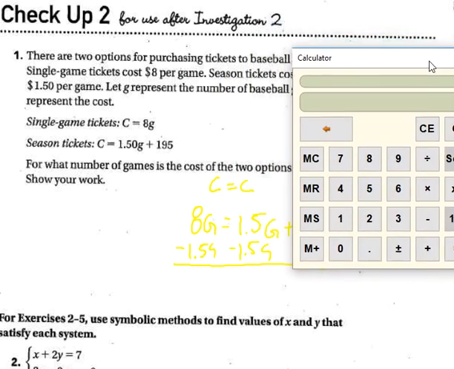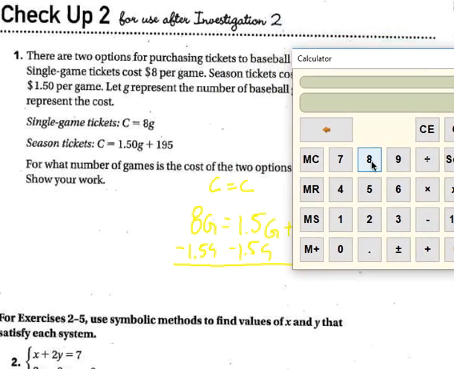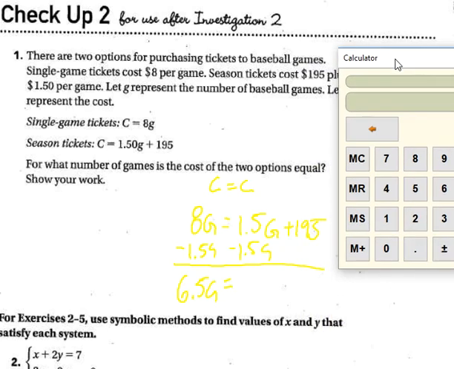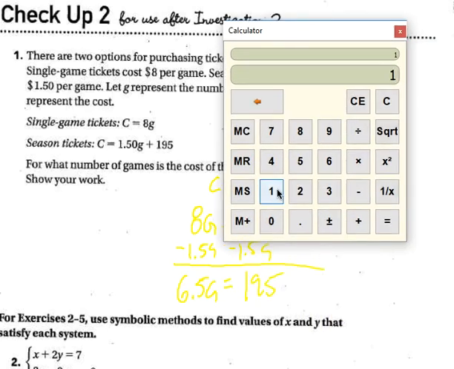All right, so we go 8G minus 1.5G is going to be 6.5G, which is equal to 195. And so we're going to divide 195 by $6.50, which is the difference between the two plans.